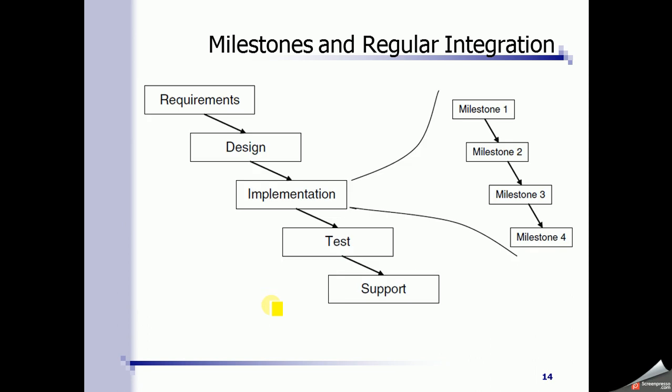So the idea is that we are done with the requirements, we are done with the design, and now in the coding phase, we divide it into many milestones. So every milestone is scheduled both time-wise and content-wise. The first milestone will deliver some requirements, some use cases, and it will be scheduled, let's say, for 1 or 2 months.